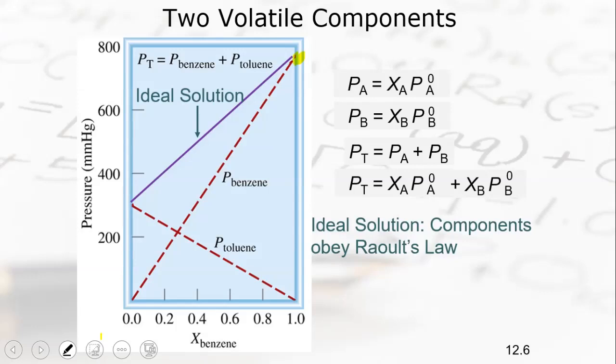And the explanation for that has to do with the observation, or let's call it the deduction, that when you combine these things, although they have interactions with each other that allow them to dissolve in each other, they don't get in each other's way when it comes to vaporization.